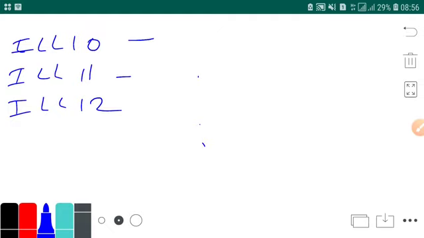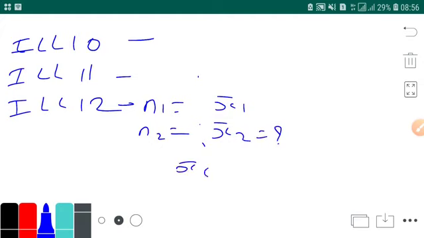And then we did illustration 12. In illustration 12, n1 was given, n2 was given, x bar 1 was given, x bar 2 was not given, and x bar c was given, but it was not directly mentioned. You have to read the question thoroughly.